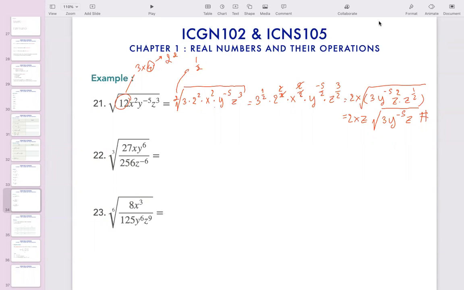In this one you can see that the index is 3. The thing that I have to do is try to make the exponents similar to the number of the index so that I can eliminate those terms.